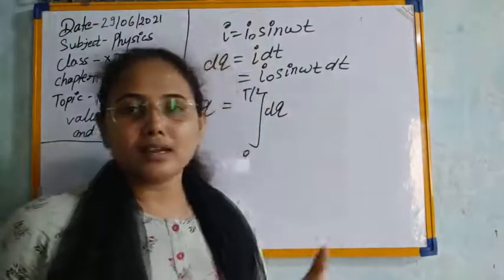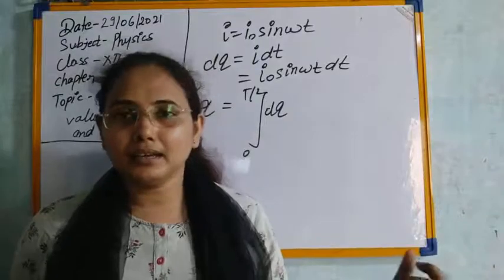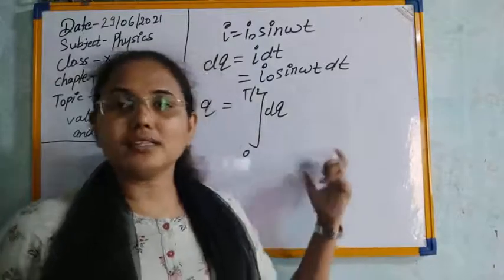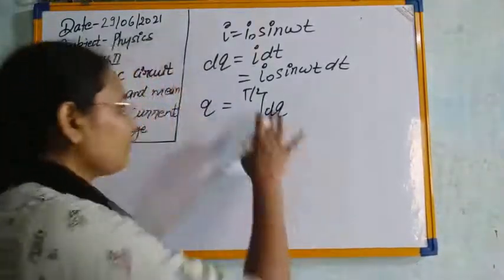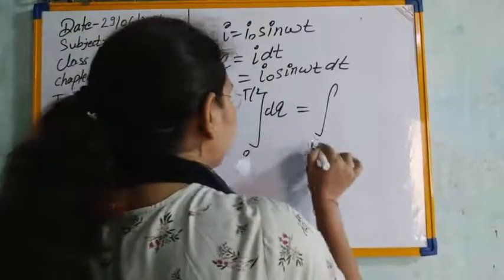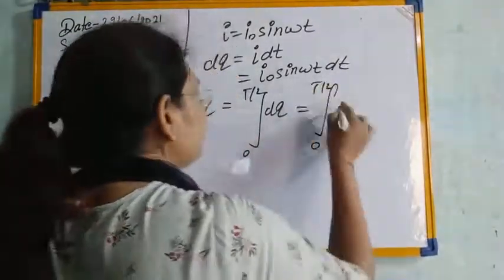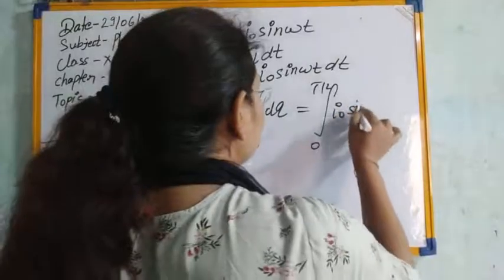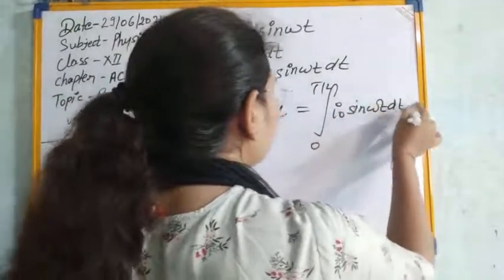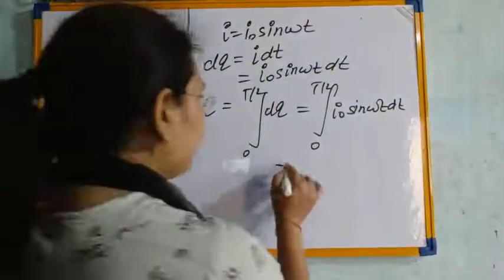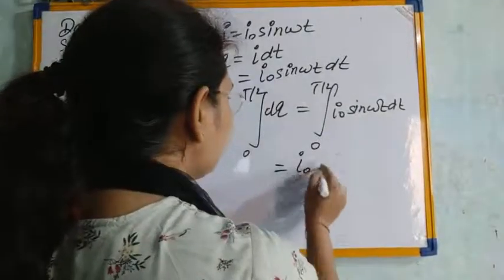Suppose as DC is the direct current, then this will be equal to the charge sent by DC also. So here let's put the value of dq. The value of dq is I0 sine omega t dt, and we can take I0 as common.